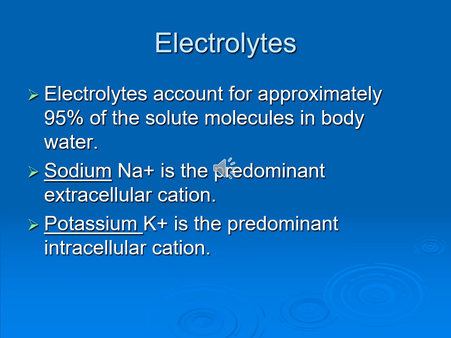We also look at electrolytes. Keep in mind that electrolytes account for approximately 95% of the soluble molecules in body water. We look at sodium. Sodium is the predominant extracellular cation, and potassium is the predominant intracellular cation.